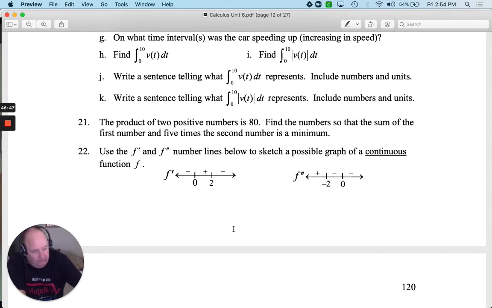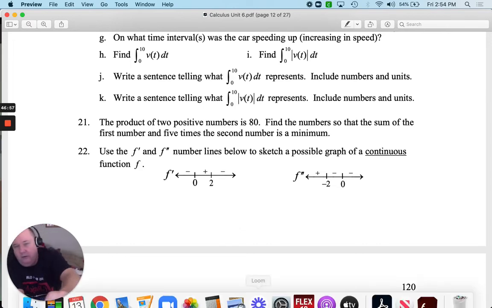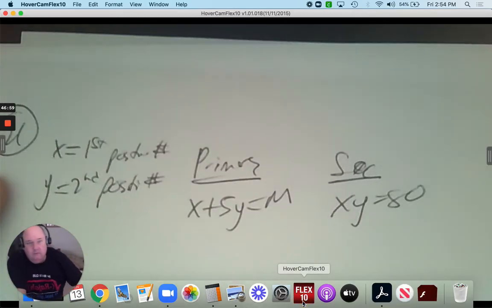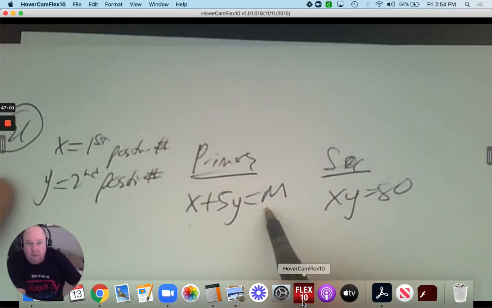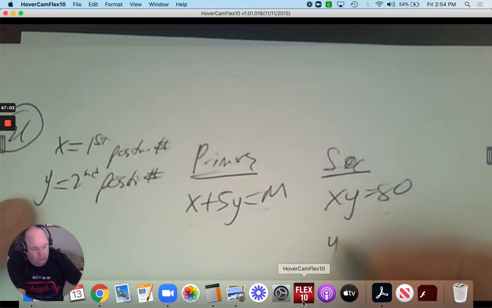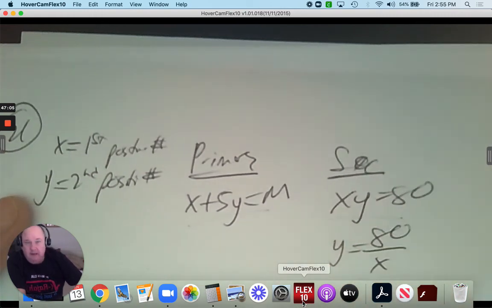Then I need a secondary equation, which is the first sentence: the product of the two numbers is 80. So y is equal to 80 divided by x.